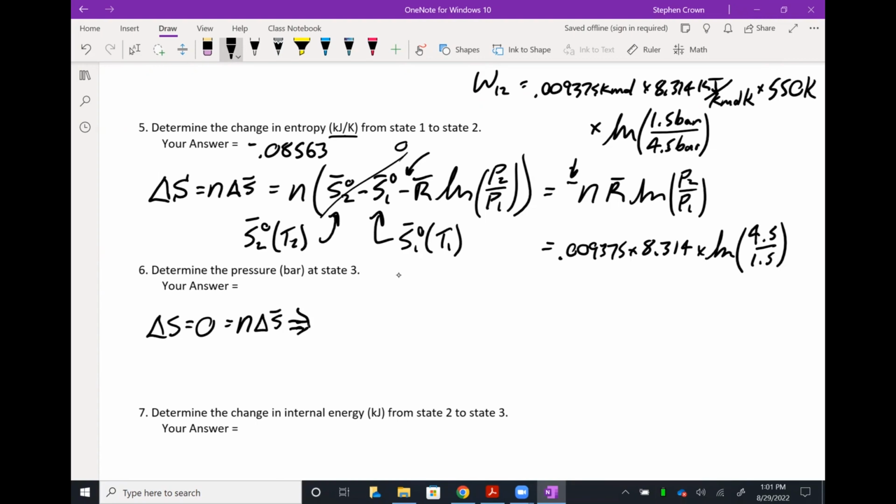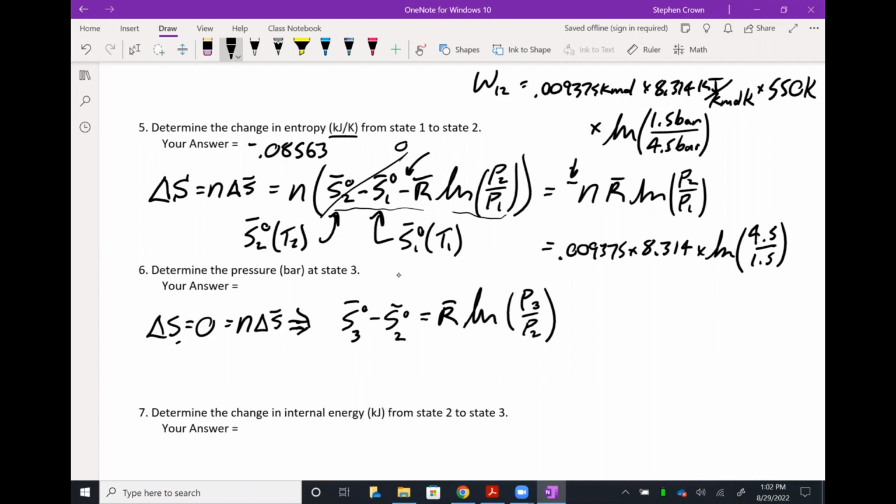So we have this expression up above, but for state 3 and state 2, so it's going to be P3 over P2. Don't memorize this as a new equation. This is just the same one, but we use the appropriate subscripts for our process.